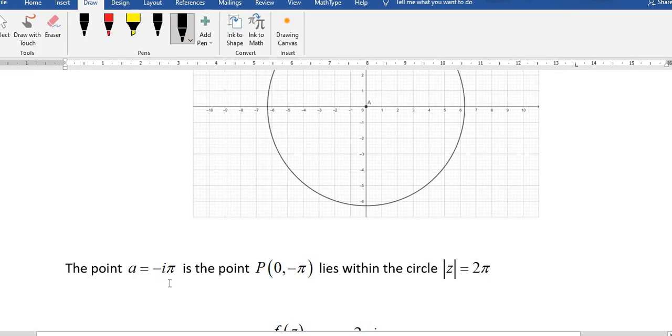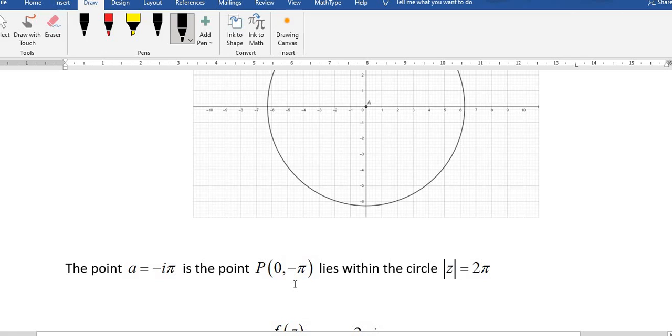Here the point a equal to minus I pi is the point P (0, minus pi). Why? Because the real part is 0 and the imaginary part is minus pi. It lies within the circle mod z equal to 2 pi. So observe, first of all you locate the point (0, minus pi).